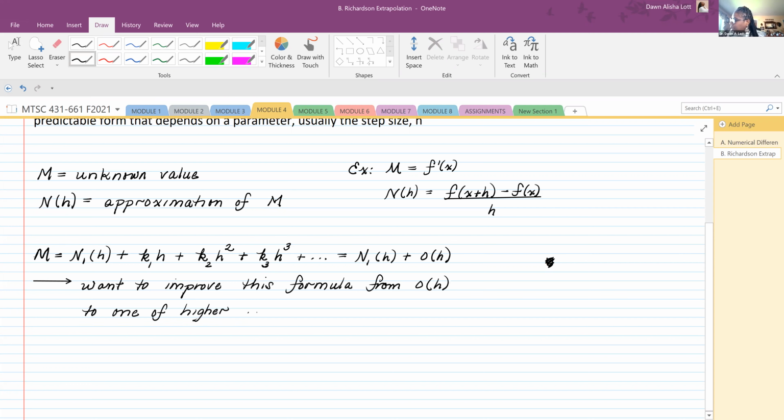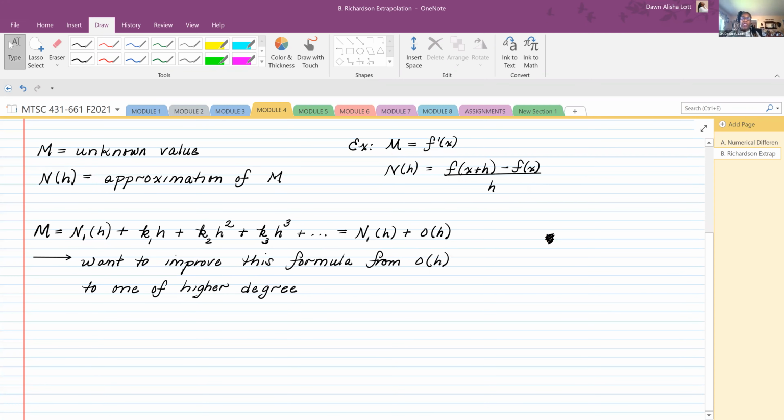I'd like it to be order h cubed, but I don't want to go back and rederive the whole thing to figure out a new N1.